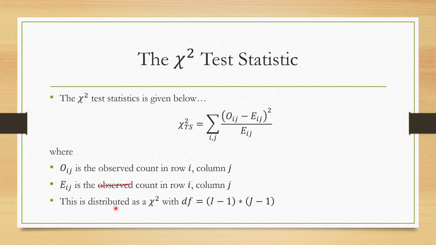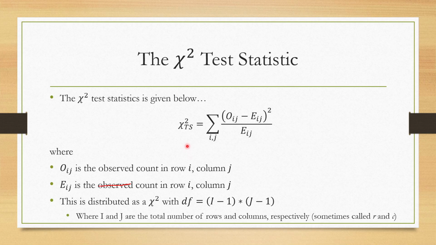And the statistic is distributed as a chi-squared with degrees of freedom of (I minus 1) times (J minus 1), where capital I and capital J are the total number of rows and columns. Lowercase i is the generic placeholder for the row, and lowercase j is the generic placeholder for the column. This summation notation is saying add up over all of the values that could go into these placeholders.